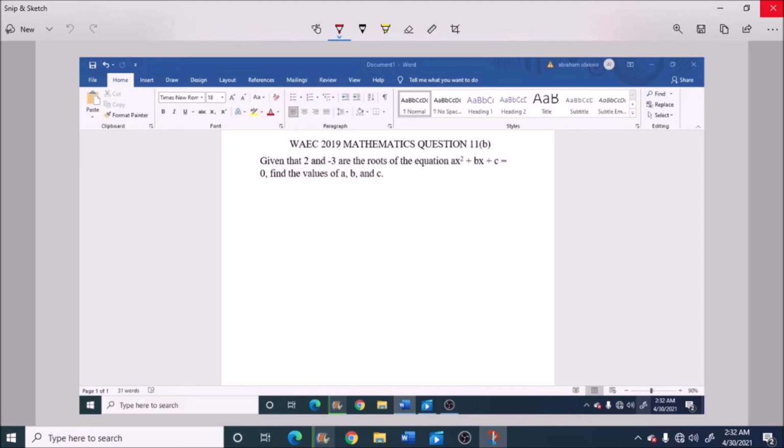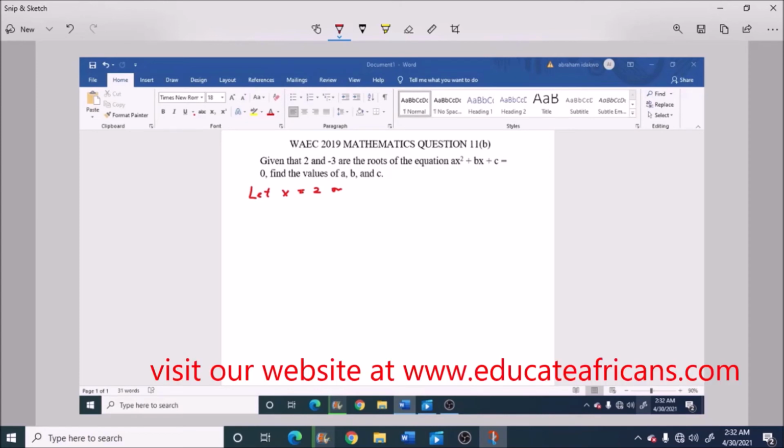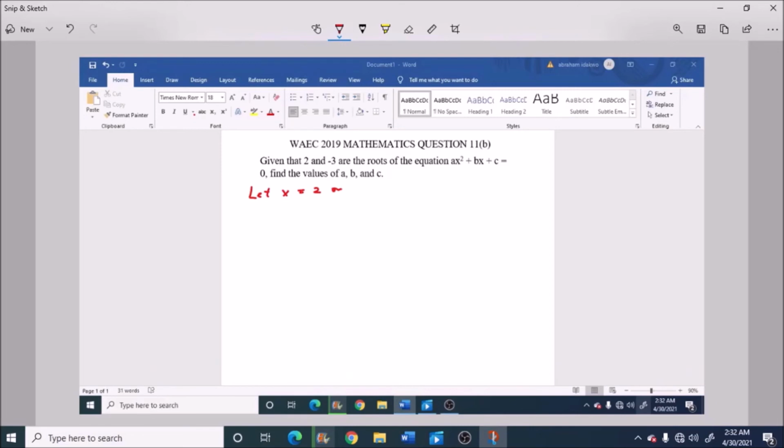So let x be equal to 2 or x equal to minus 3, then x minus 2, since it's positive, and then we have x plus 3, everything is equal to 0.